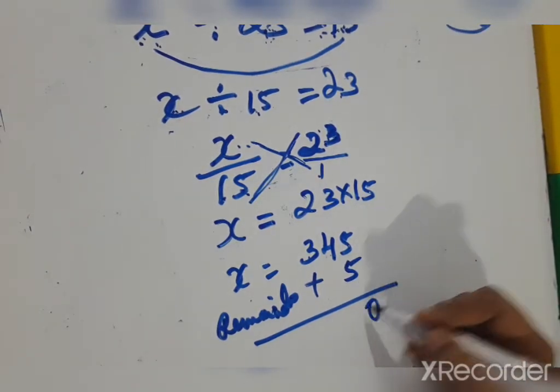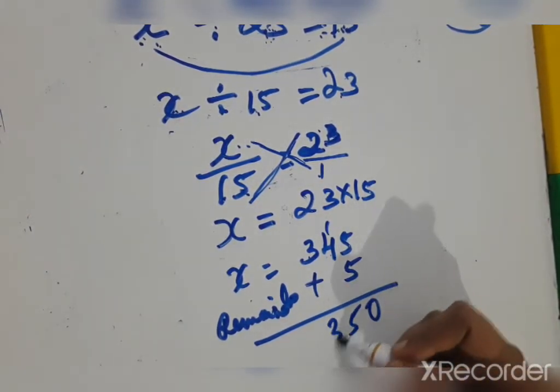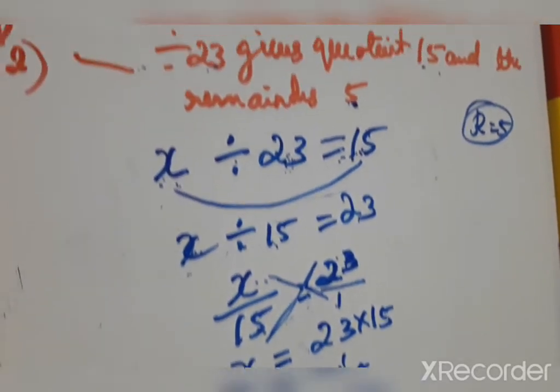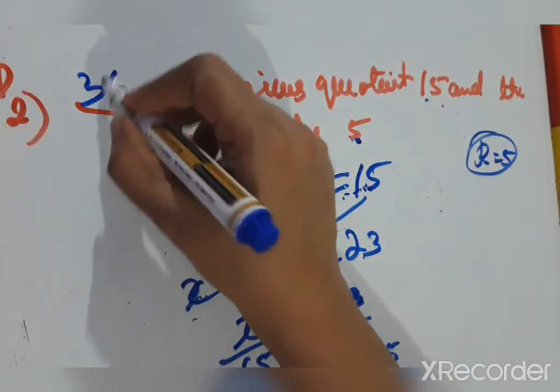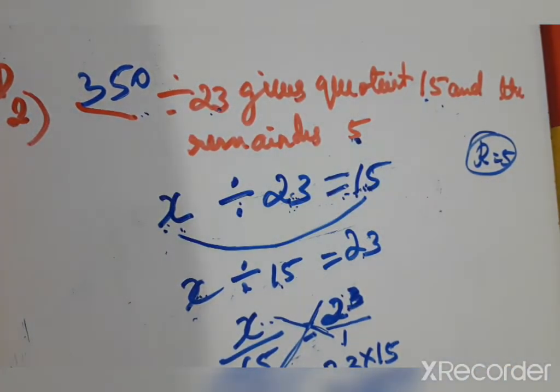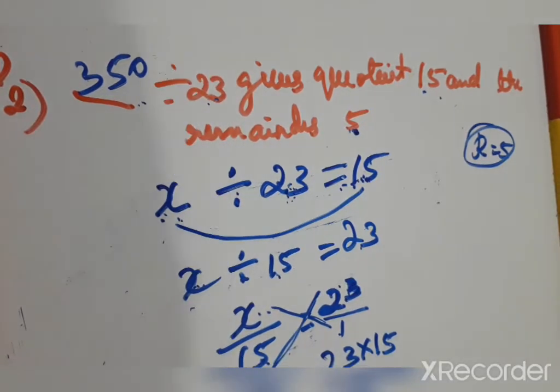How much? 5 plus 5 is 10, 1 carry, 350. So here our answer is 350. 350 divided by 23 gives the quotient 15 and the remainder is 5.